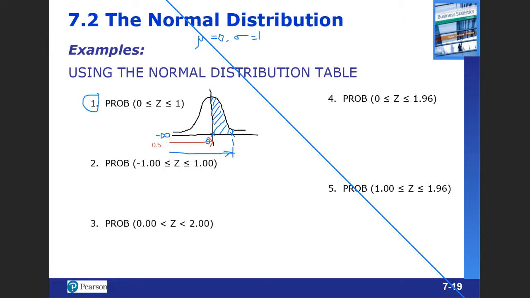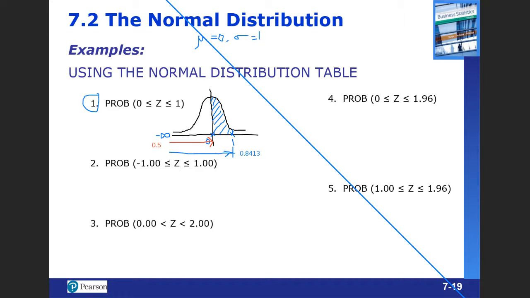I'm going to write the answer first because I know when I come back to the screen, it's going to be erased. So this is the answer: 0.8413 is the area from negative infinity up to 1.